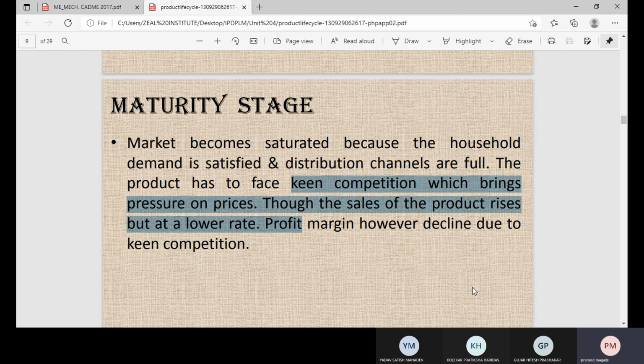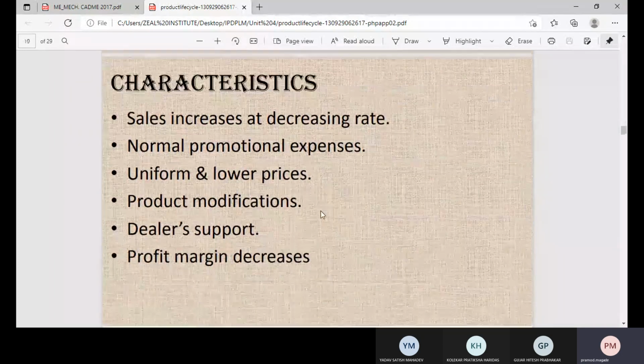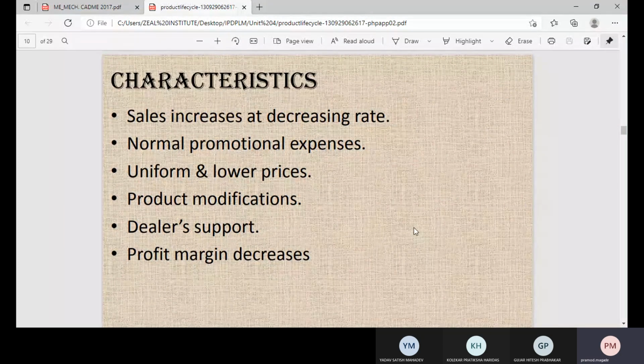Characteristics: in this case, sales get increase with decreasing rate.